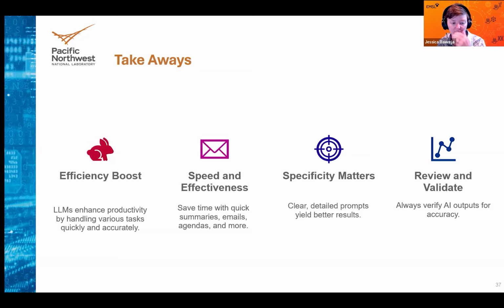One of the most common things I hear about is people using these models for summarizing things, for rephrasing an email that you're struggling with, and for creating meeting notes or meeting agendas. So they are very effective at a lot of everyday tasks that we currently can spend a lot of time on.